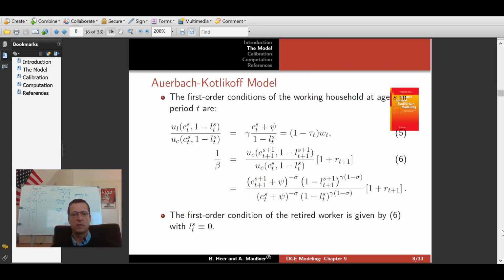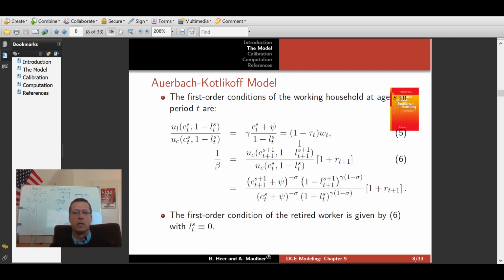Equations 5 and 6 describe the first order conditions of the worker, and we get to the first order condition of the retiree when we consider equation 6 and set labor supply equal to 0. So equation 5 is the well-known first order condition with respect to labor.